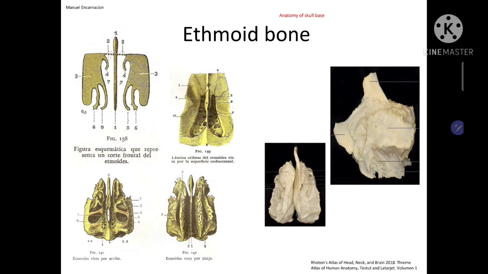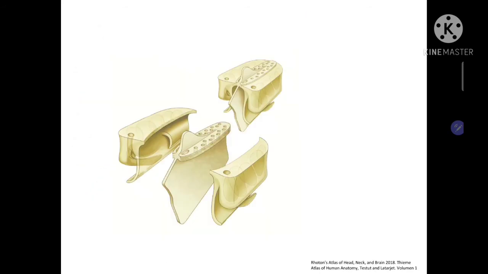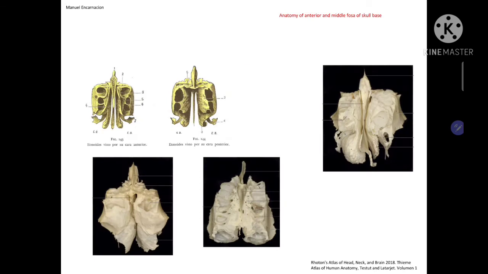So you can see here, this is the posterior surface. You can see it much better here. This is anterior, okay? And you can see the posterior wall. This is the anterior surface of the ethmoidal labyrinth, and the posterior surface of the ethmoidal labyrinth.